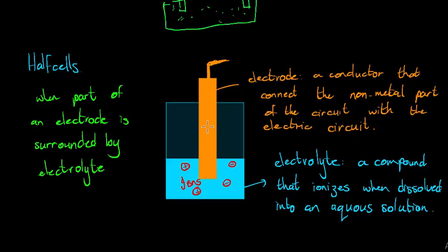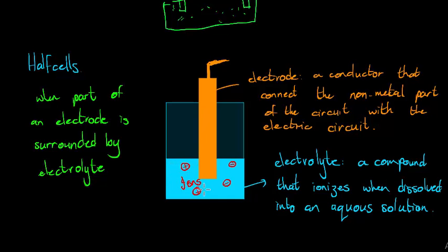It's one electrode that just lies in electrolyte, which is connected to the outside of the circuit. What is the purpose of this? What are we doing here?